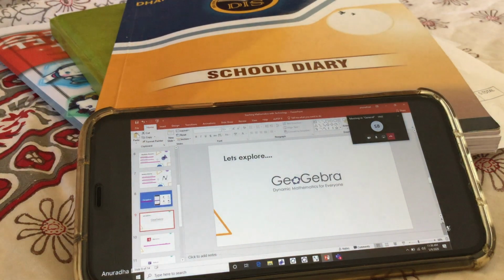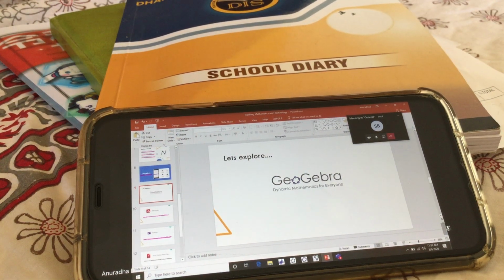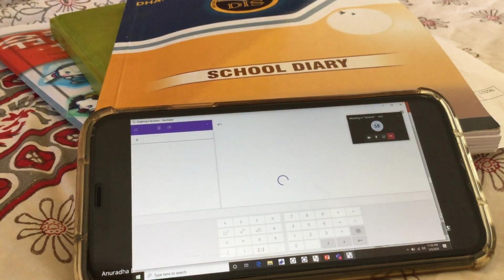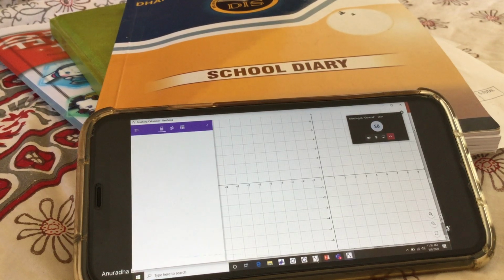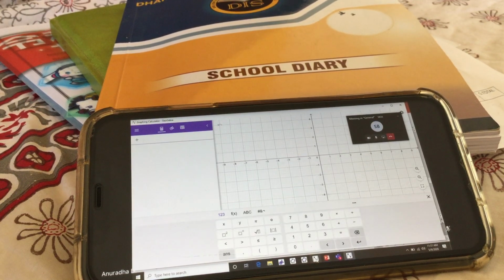Okay, fine. So coming to the next component, that is the graph. Graphing tools we are going to explore for a few minutes. So the graph is getting opened. Here all your algebra questions will be taken care of. When it comes to polynomials, quadratic equations, linear equations, anything is possible here.